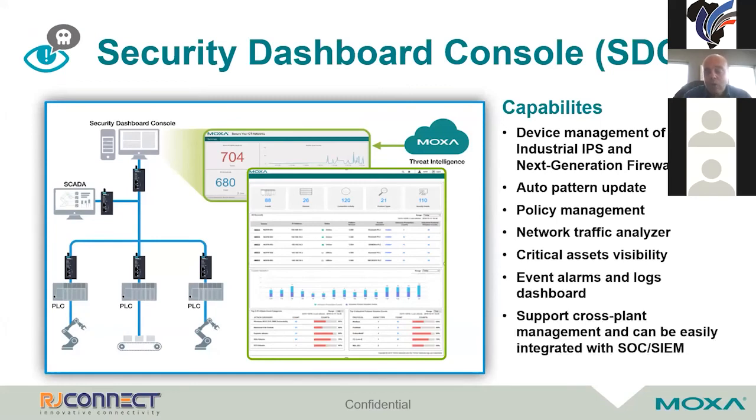It gives you the alarming, gives you the logging. By the way, it's also able to integrate into your SOC or SIEM. That's your higher level IT security. So if your IT guy says, well, we also want to see your vulnerability on the network, you're able to give them a log file and say, this is happening on our network. This is what we updated, and these are the vulnerabilities we're having at the moment.